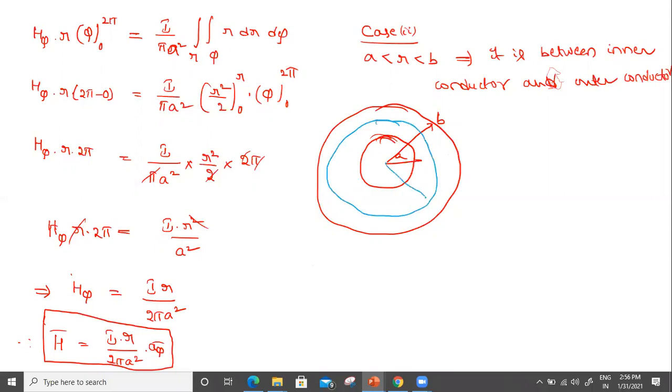This is indicated as R, which is placed in between A and B. So in this case also, we need to find out the magnetic field intensity by using Ampere circuit law.